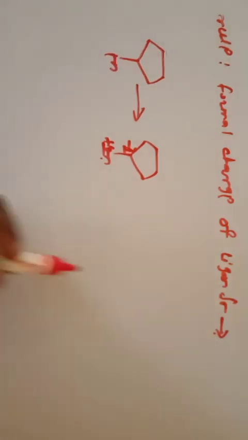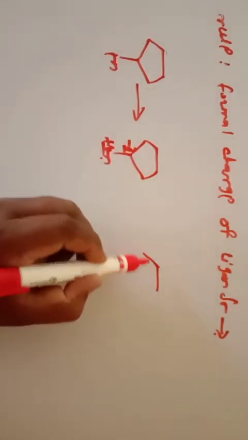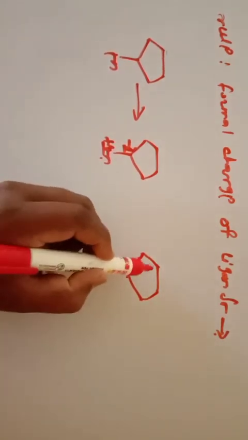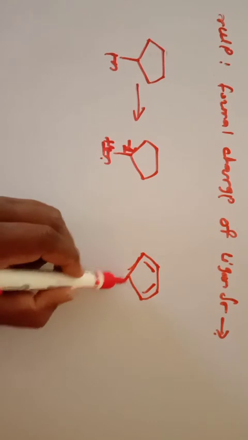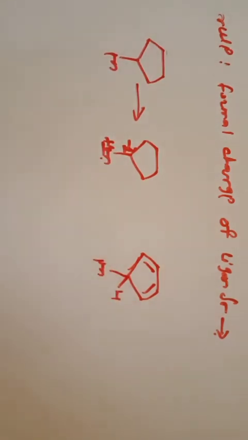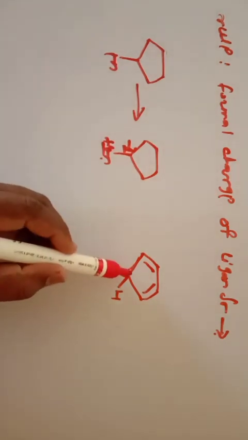But if you consider a structure like this, where a double bond is there, one hydrogen is there, one metal atom is there. Then if you consider this species, and you have to find out the formal charge of this organic ligand, then there must be a negative charge.